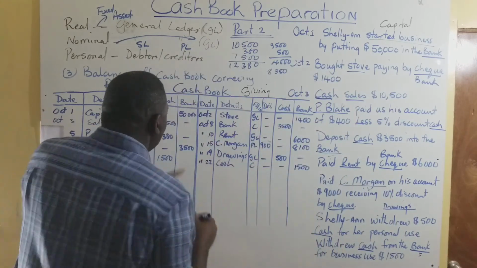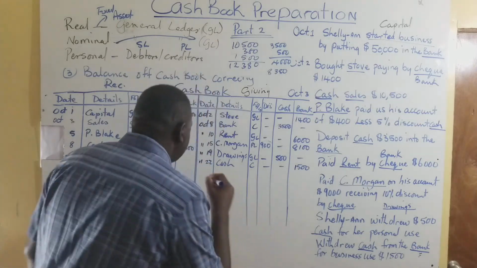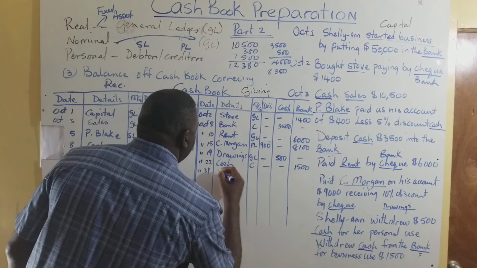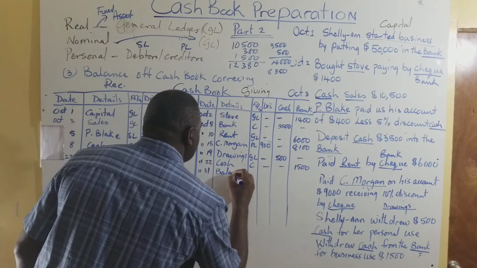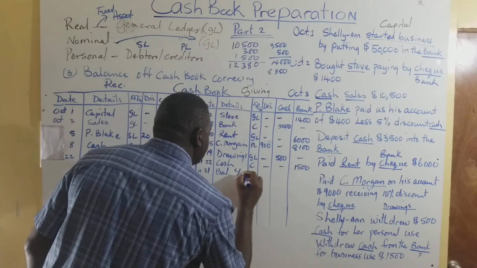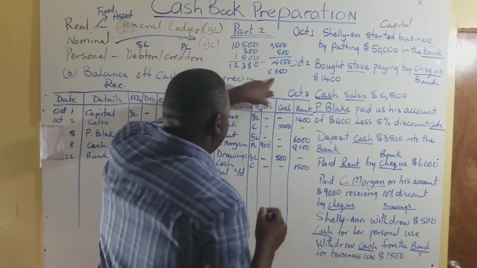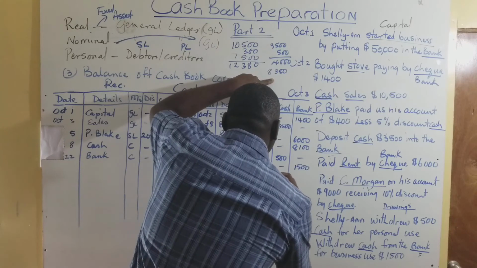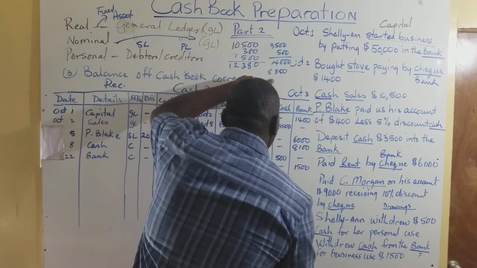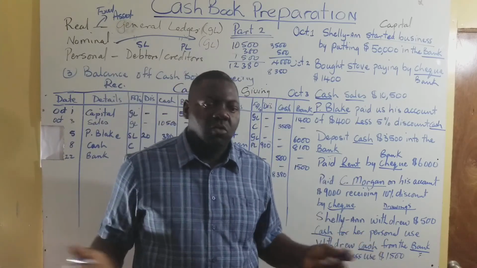For the last day, we're dealing with October. October has 31 days, so it's going to be the 31st. We're going to have balance, and for space, we're going to leave that and write CD. And then we're going to have this amount, which is 8,380. That will make the cash account balance.